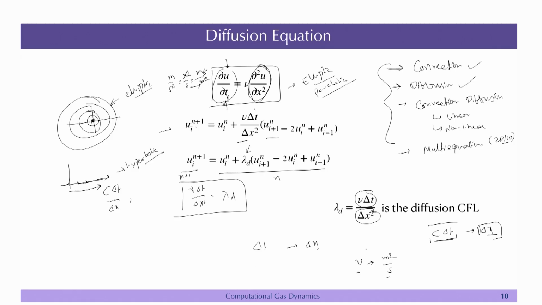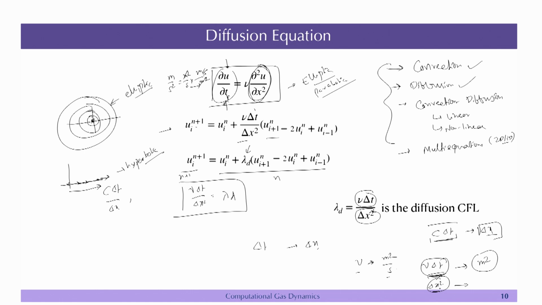So, when you say nu delta t, that means how much is being diffused in this time delta t. The unit of nu delta t will be meter square. So, how much area is being diffused in time delta t, right, and what is delta x square? It is like an area, if you select the stencil size as delta x, the spacing between the two grid points, then delta x square is an equivalent area.